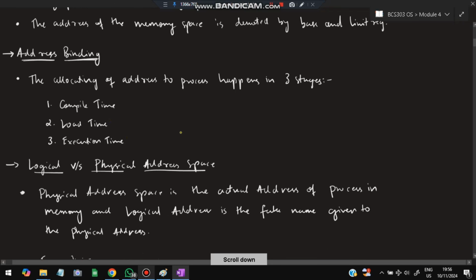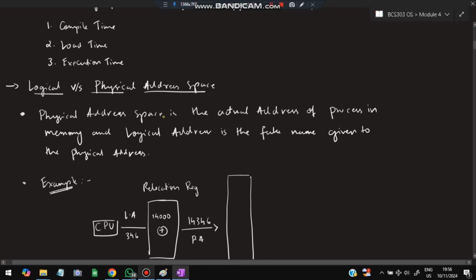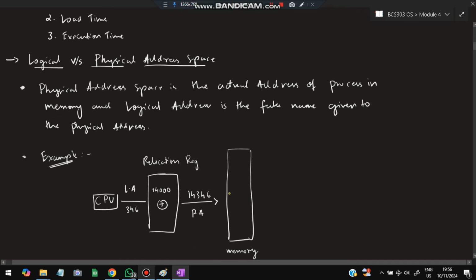We also have the logical and the physical address space. You need to understand the difference. Physical address space is the actual address of the process in the main memory, that is the physical address. Logical address is the fake name given to the physical address. For example, if the logical address is 346 and the relocation register has 14,000, how do we calculate the physical address?